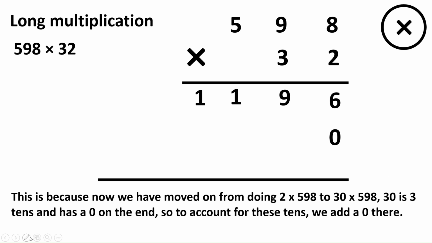We know tens have a 0 on the end, it's not just ones. So we need to account for these tens and add a 0. It's basically place value. We're multiplying by these tens now, and to account for doing tens, we need to move it up to the next place value so that it all still coincides and makes sense.